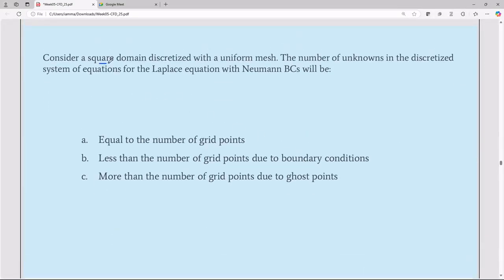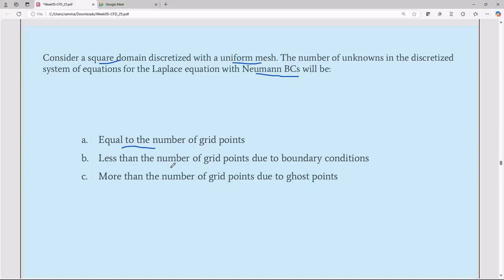Consider a square domain discretized with a uniform mesh. The number of unknowns in the discretized system of equations for the Laplace equation with Neumann boundary conditions will be which among the following? Options are: option A, equal to the number of grid points.